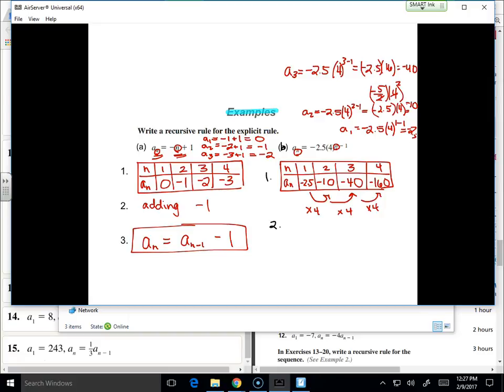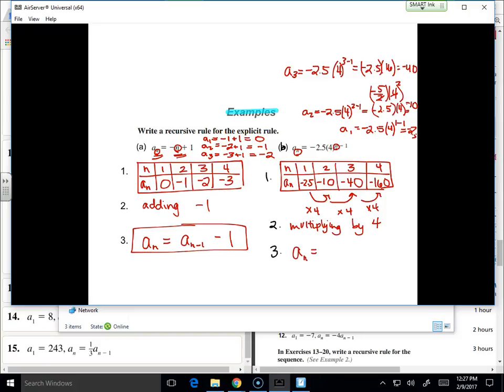So step number 2. The pattern is multiplying by 4. Then number 3, we can say the English to math. To get the nth term, how can we find it?